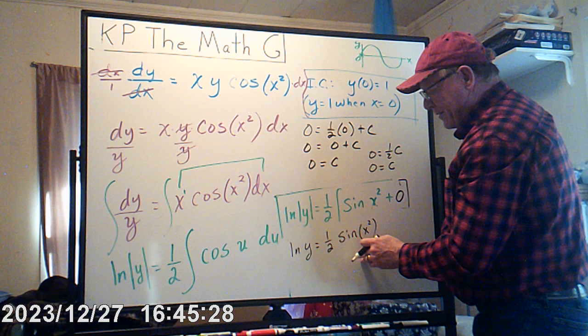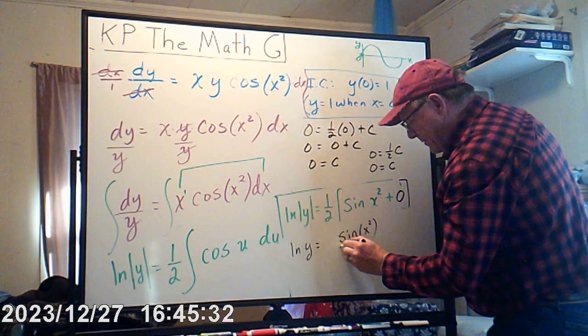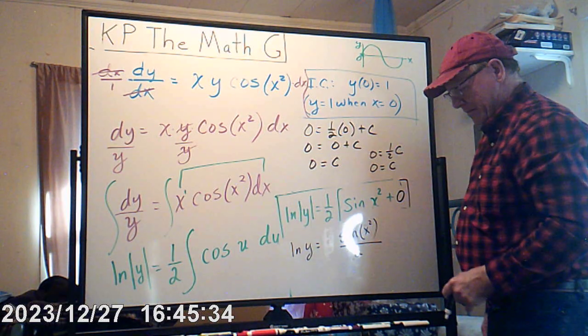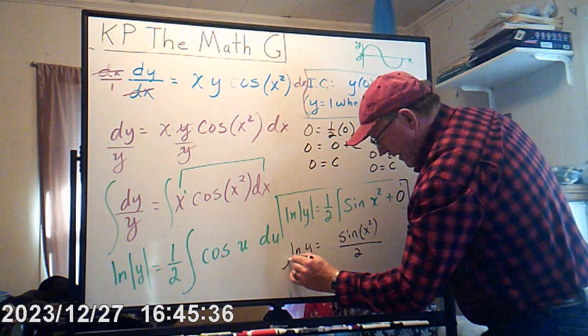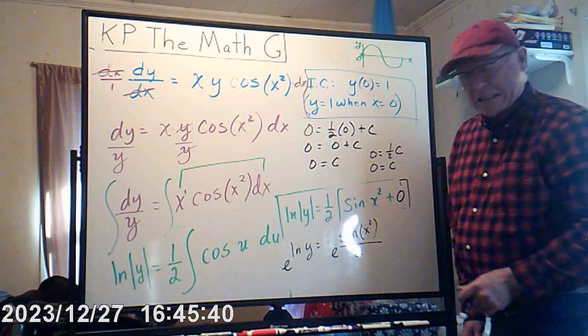Make this sine x squared over 2, and then introduce e to both sides if I wanted to get y by itself.